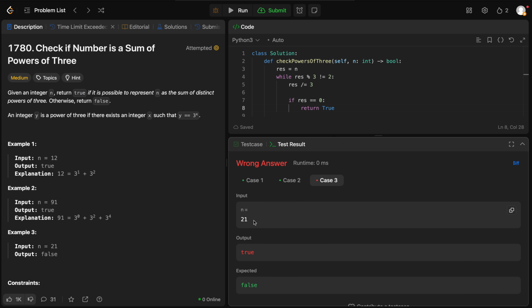21 is 3. Is 7. And 0. This is 7 divided by 3 is... this is 7. 7 modulo 3 is 1, but 7 divided by 3, that's 2.